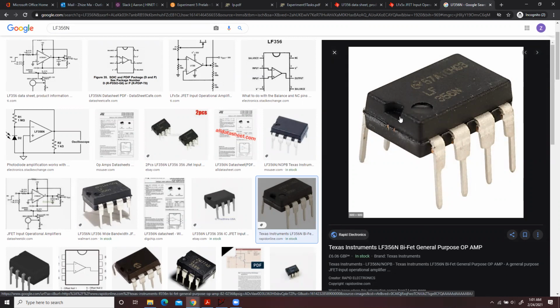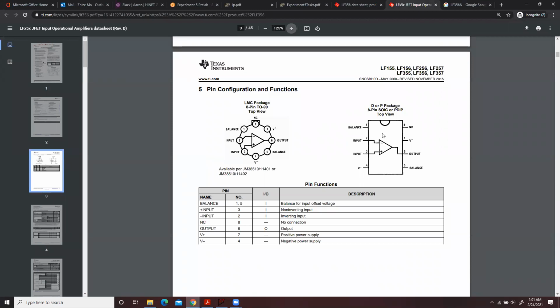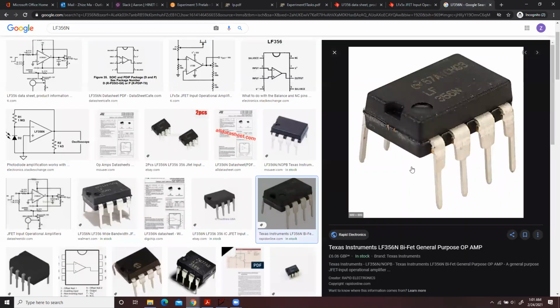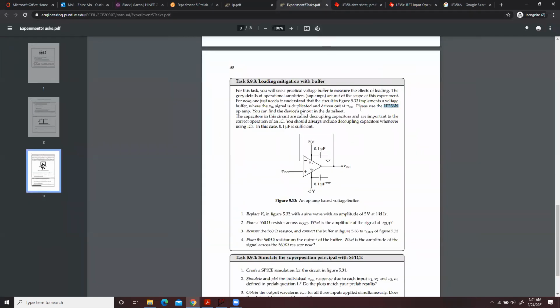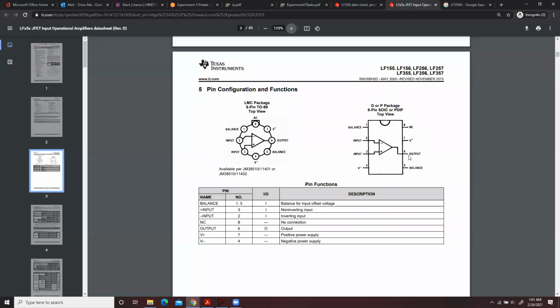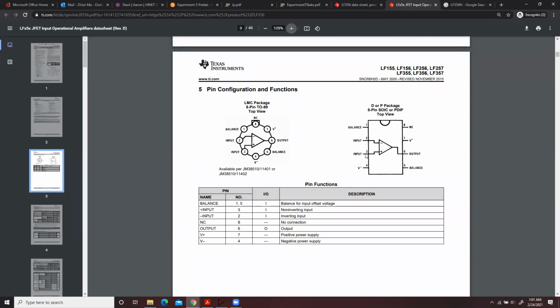Remember, here is a half circle. This is a mark that tells you the direction. For example, this tells you this pin and this pin are pin 1 and pin 8. How you can build this circuit is that the circuit diagram corresponds to the pins in this layout diagram. First of all, the plus sign and the negative sign are the inputs, corresponding to pin 2 and pin 3.